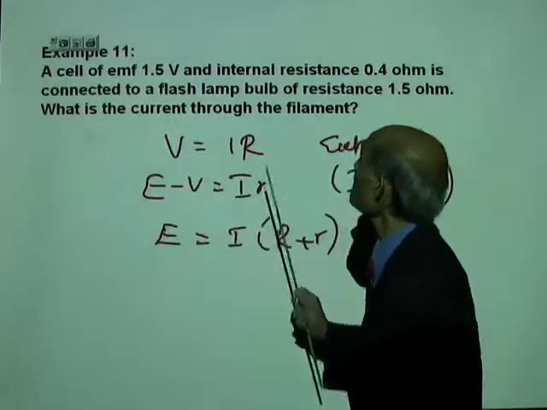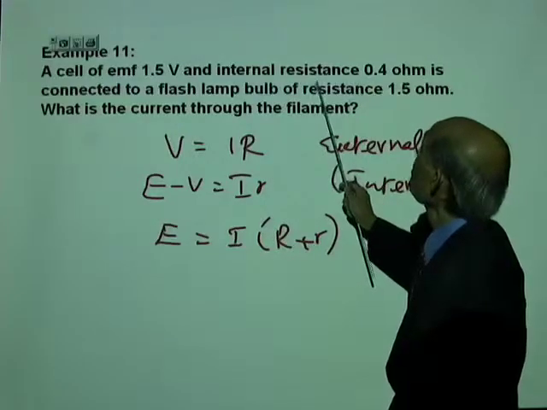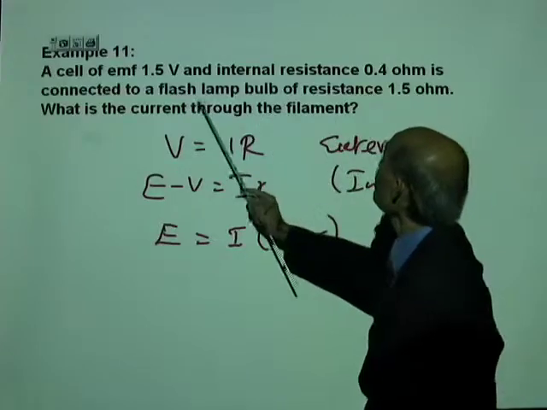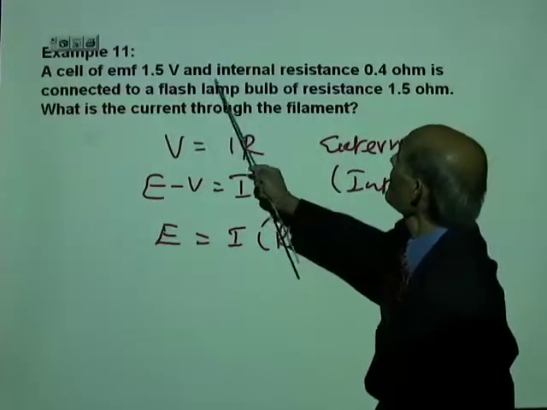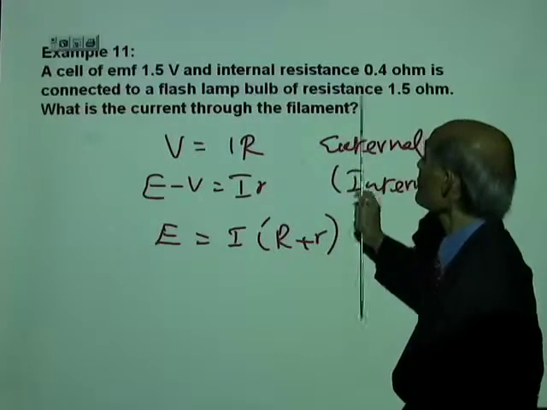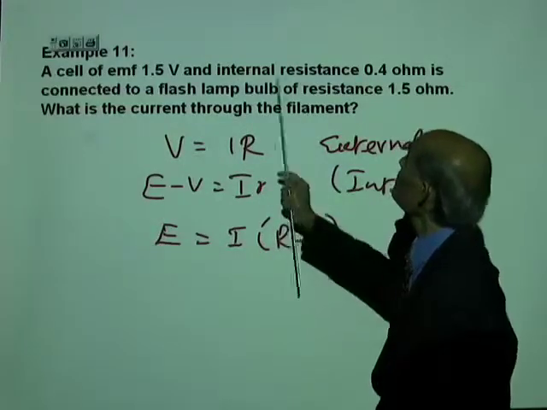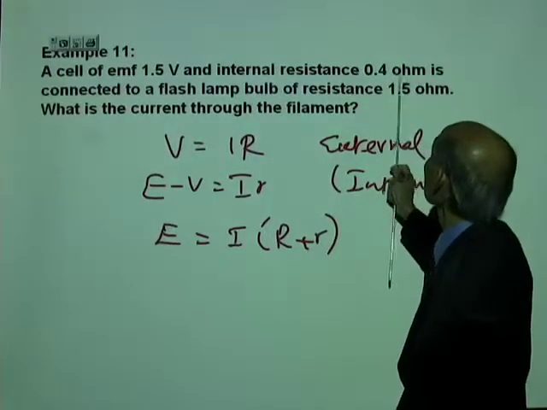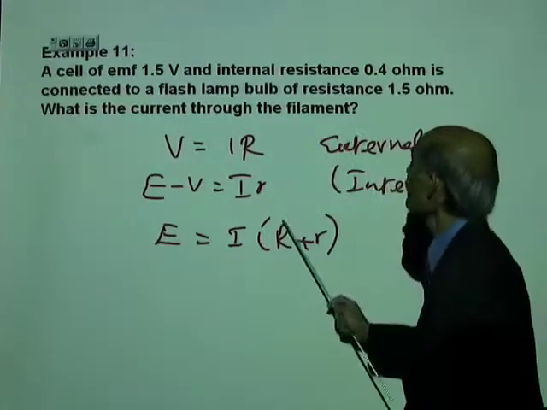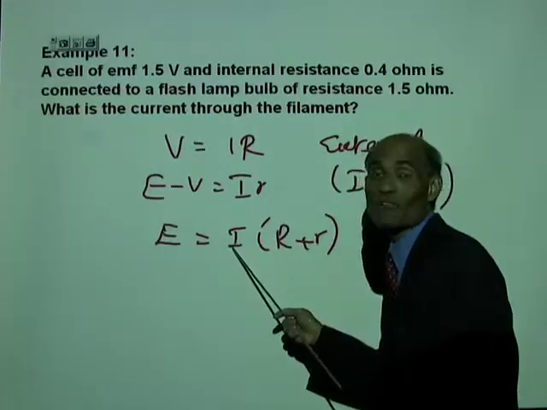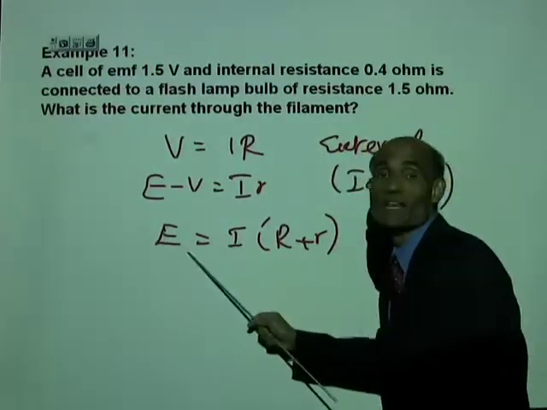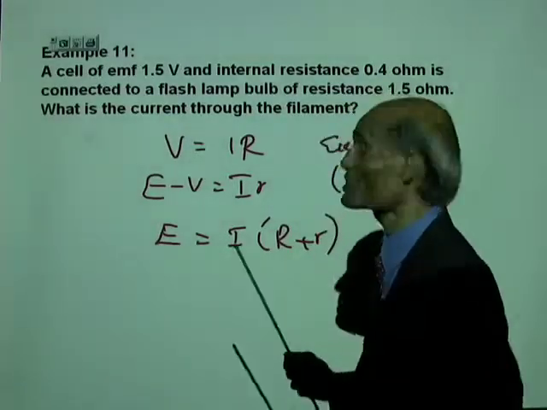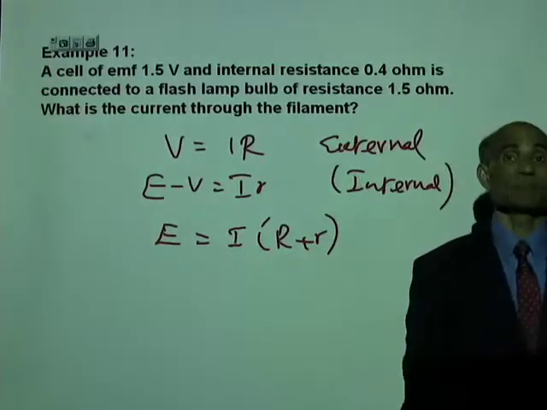We know the EMF, we know the internal resistance, and we know the external resistance. We need to find the current I. So obviously it is the entire circuit, internal plus external, that we're going to use here.